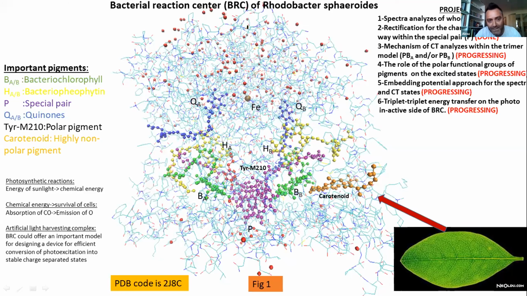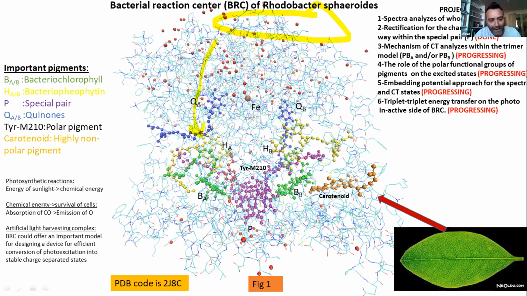At the top of this bacterial center, there are some complex antennas. They play the role of an antenna and absorb light. The energy goes down to one of the pigments called bacterial pheophytin. We call it HA, where A means the branch on the left side. B means the branch on the right side.